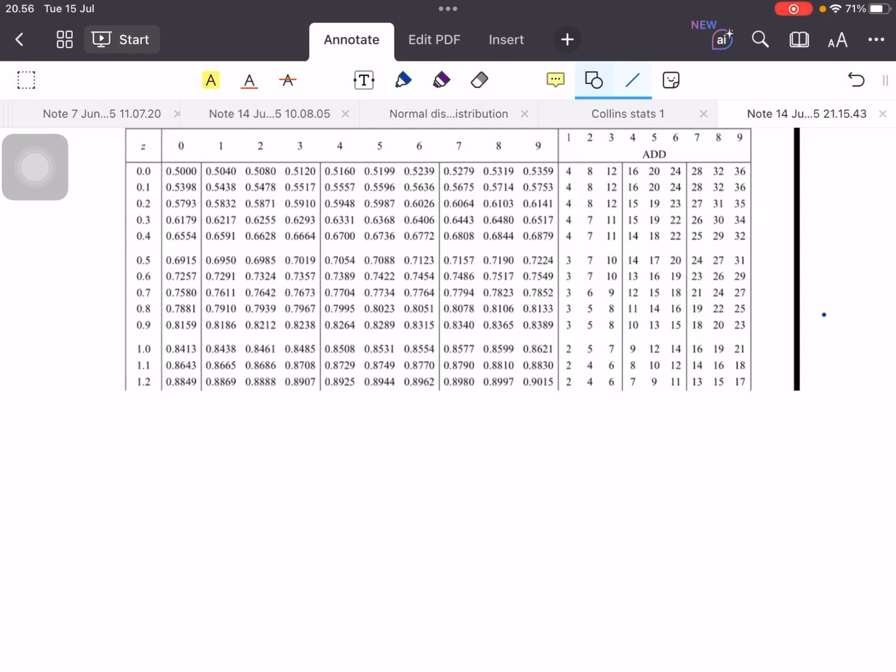More example on finding probability that involves a negative value of z. For this next question, you are asked to find probability z is greater than or equal to negative 1.246.